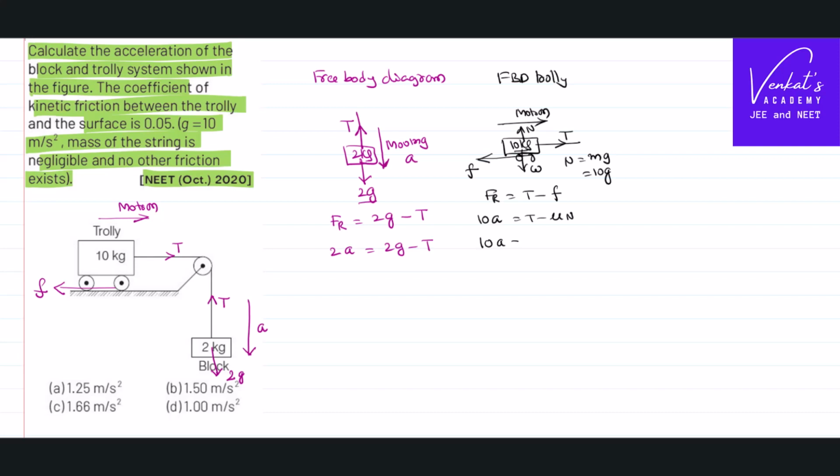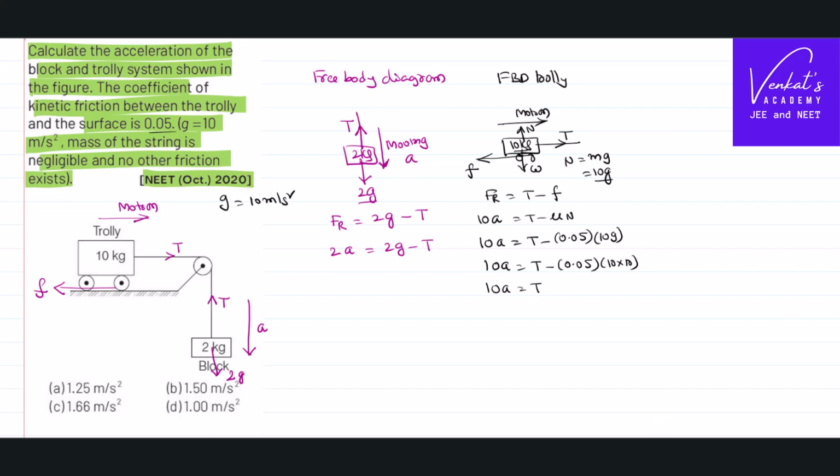So 10A equals T minus mu, whose value is given as 0.05, times mg. Though it has not been given, I can assume g as 10 meter per second square because of the round figures, and we can make the calculation simple. That implies 10A becomes T minus 0.05 into 10 into g, which is also 10.